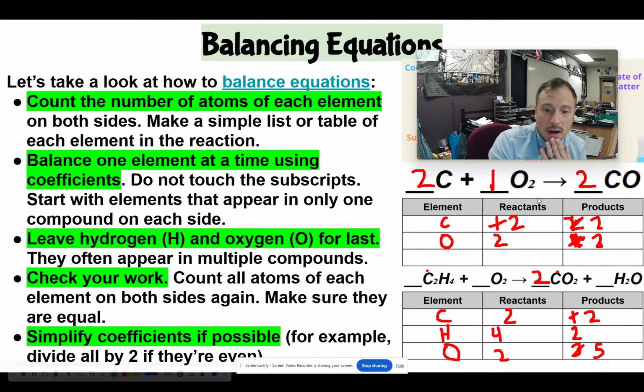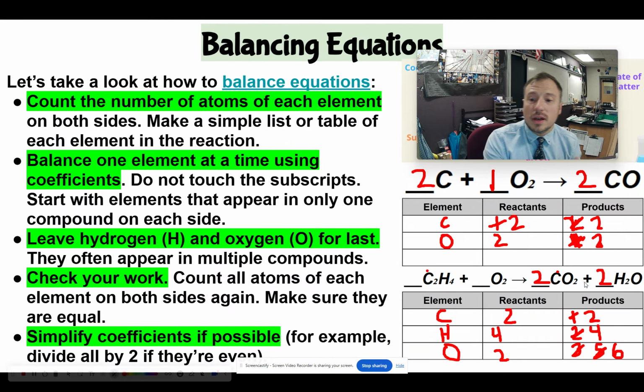Okay, good. Now I'm going to do my hydrogens, because my hydrogens aren't balanced. I've got 4 on this side, on my reactants, and I've got 2, so I'm going to put a 2 here. Great, my hydrogens are balanced, so I put a 4 here, but this also changes my oxygens. So now I've got 6 oxygens in my product.